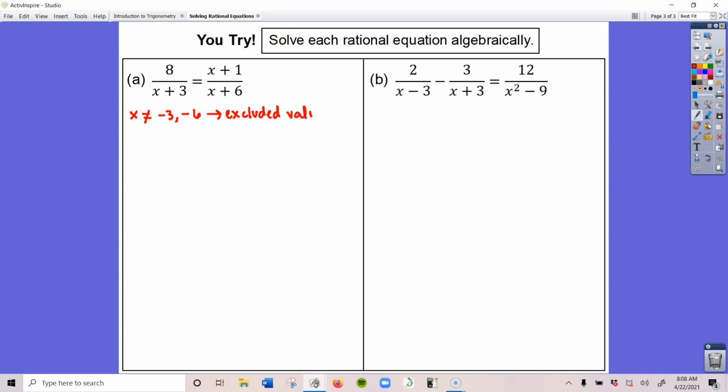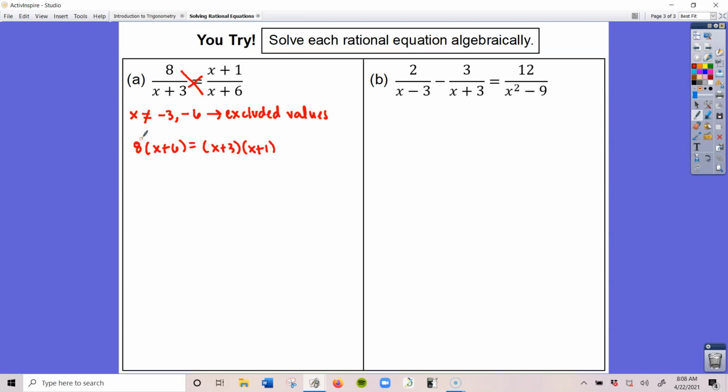Now let's work on solving this rational equation. Because here we don't have any operation like adding or subtracting, we can just cross multiply. So we have this 8 times x plus 6, and that's going to equal x plus 3 times x plus 1.